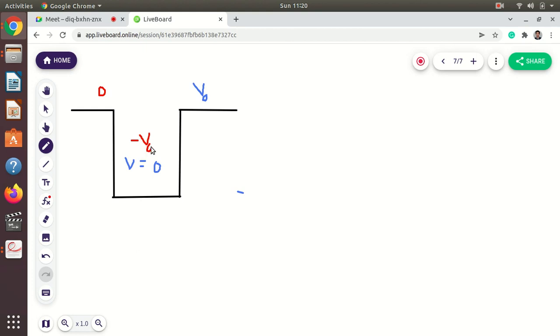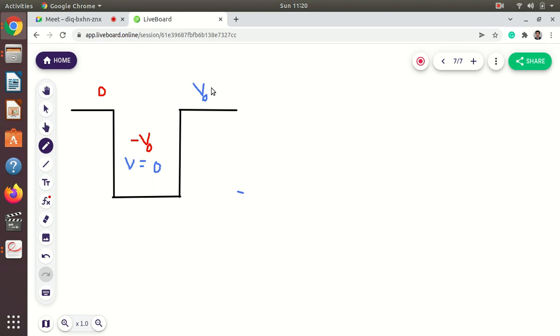We can use either approach because in classical or Newtonian mechanics you have discussed that we can take any reference for potential energy. We can take zero potential at the surface of the earth or at the center of the earth. As long as the difference is the same, we don't need to specify the origin. So we can use either approach.